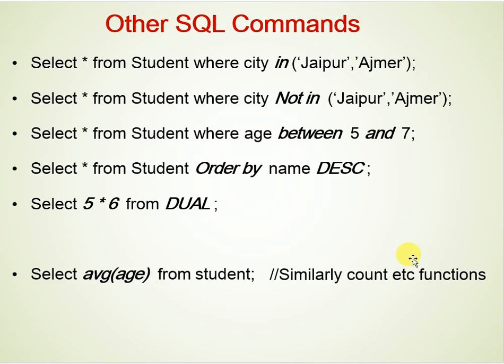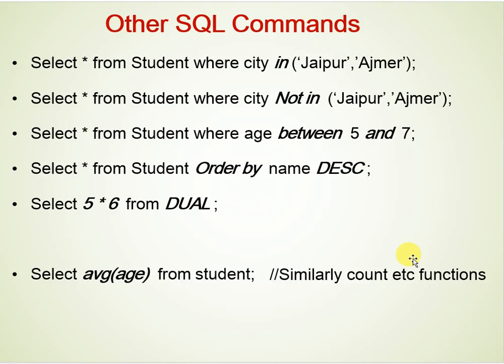And last, see some commands related to SQL basics, like when you want to view the records from the table, what type of criteria you can apply. See here, like select star from student where city in, you can specify the names of the cities, and the related information it will show, like Jaipur, Ajmer.